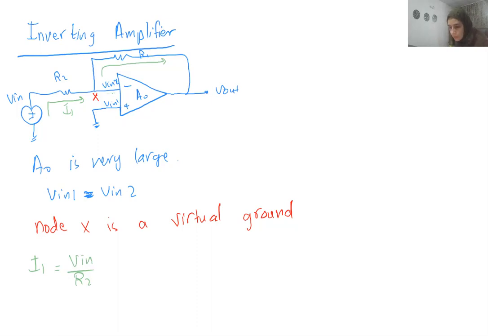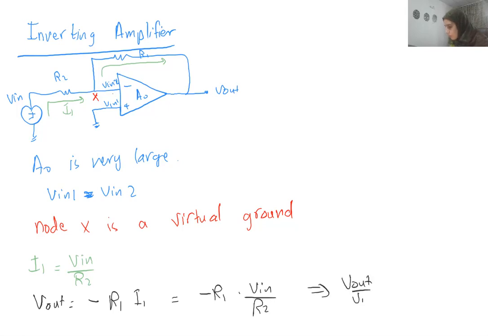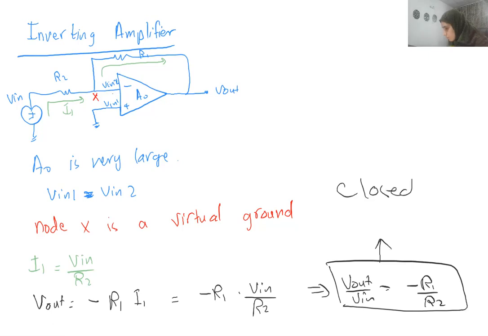Okay, so now Vout will equal, because the current direction is different, minus R1 times I1. So it will become minus R1 times Vn over R2. Therefore Vout over Vn will equal minus R1 over R2. So this is the closed loop gain.